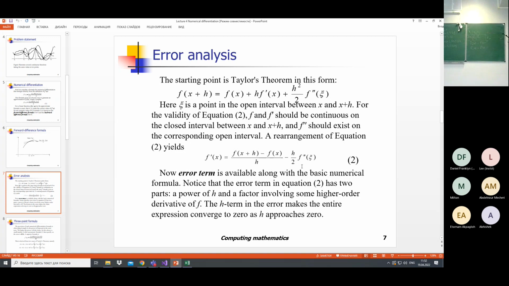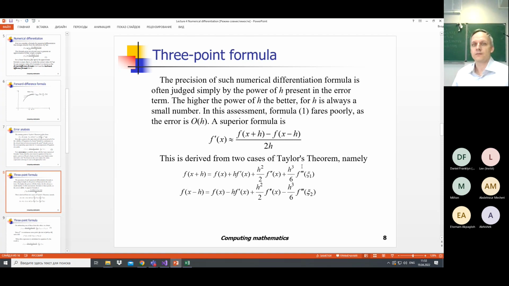If we decrease h 10 times and take h 0.01, the error also decreases 10 times. Is it clear more or less? I think yes.